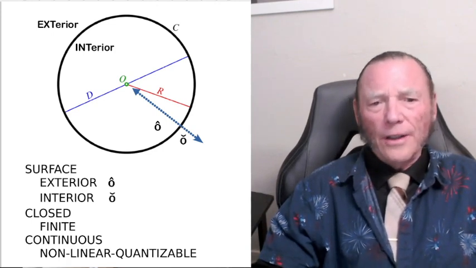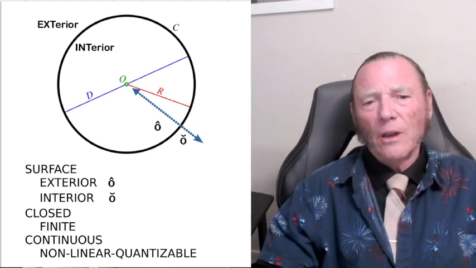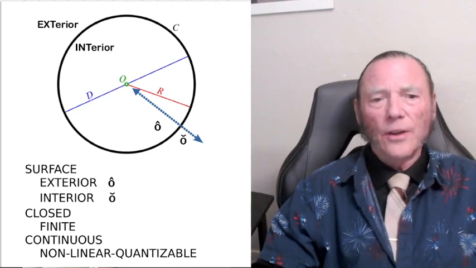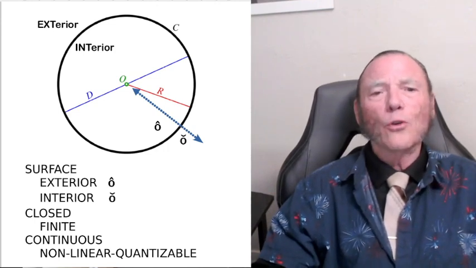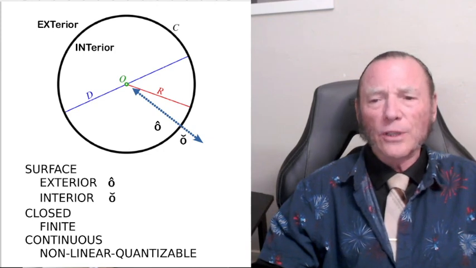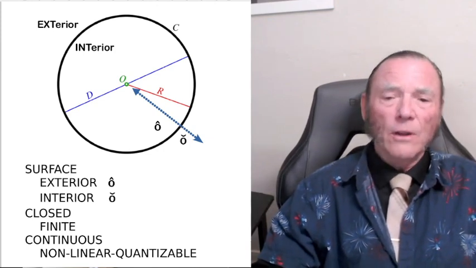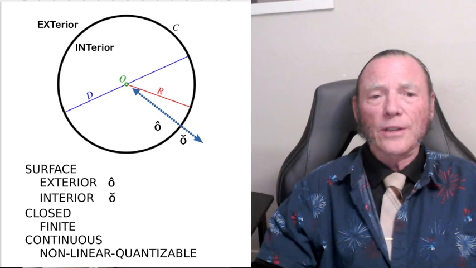But the R is the most important of the lines. There are two lines. The blue one, which is the diameter, which the Greeks recognized for very good and sound reasons.